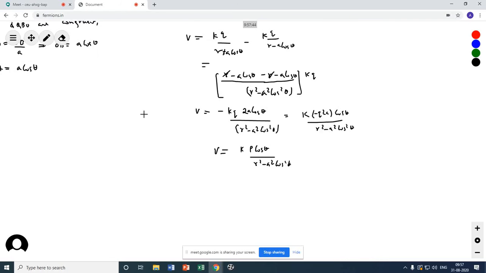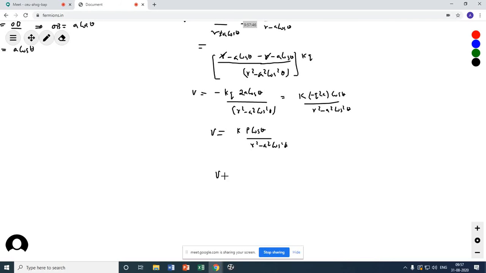Correct? Therefore, this is the potential. So V equals 1 by 4 pi epsilon naught, P cos theta by R square minus A square cos square theta. This is the potential at any general point near the dipole.